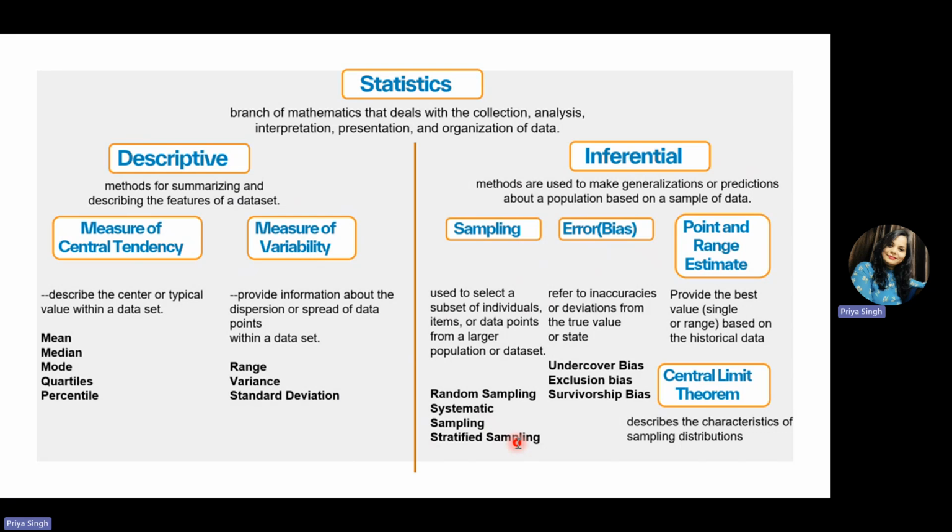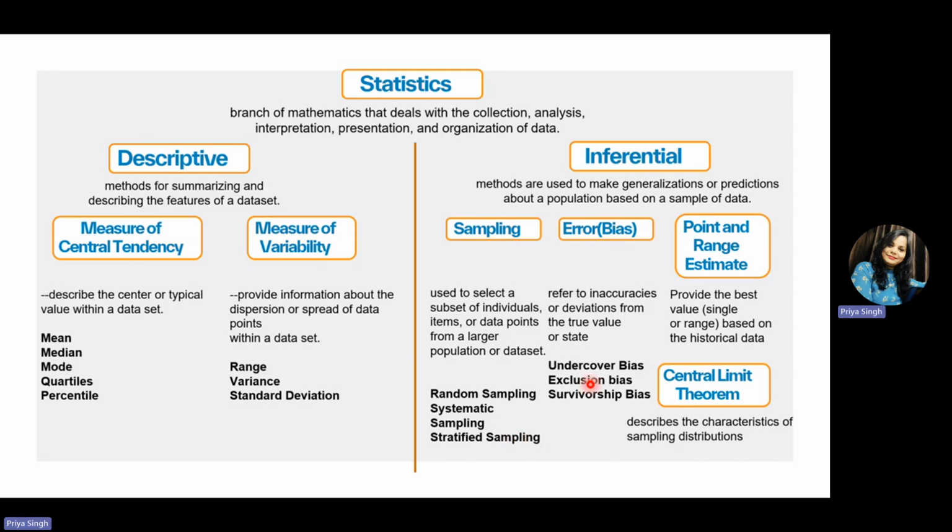For example, if you're conducting a survey in a school, you might divide students by grade level, kindergarten, first grade, second grade, and then select a sample from each. The positive part of this is it ensures representation of different subgroups. But yes, the con is it requires knowing the population structure in advance.